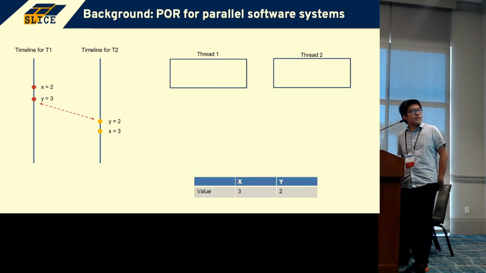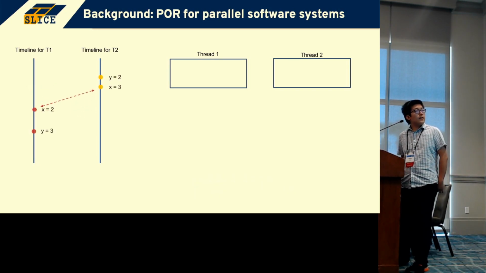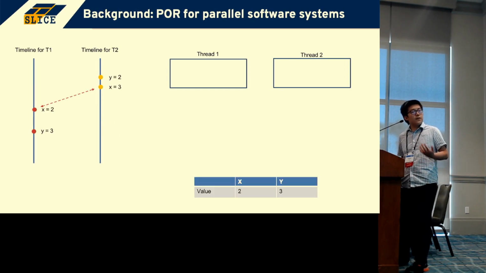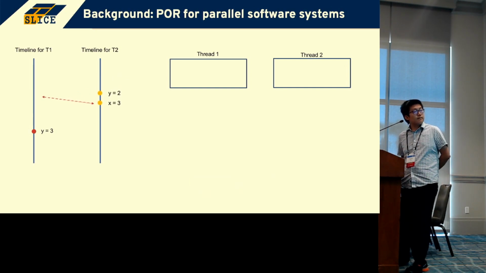And in this linearization, the value of x is 3 and the value of y is 2 at the end of the execution. However, if you swap the order completely, then the values of x and y are also swapped. Only thread 1 in effect takes place.